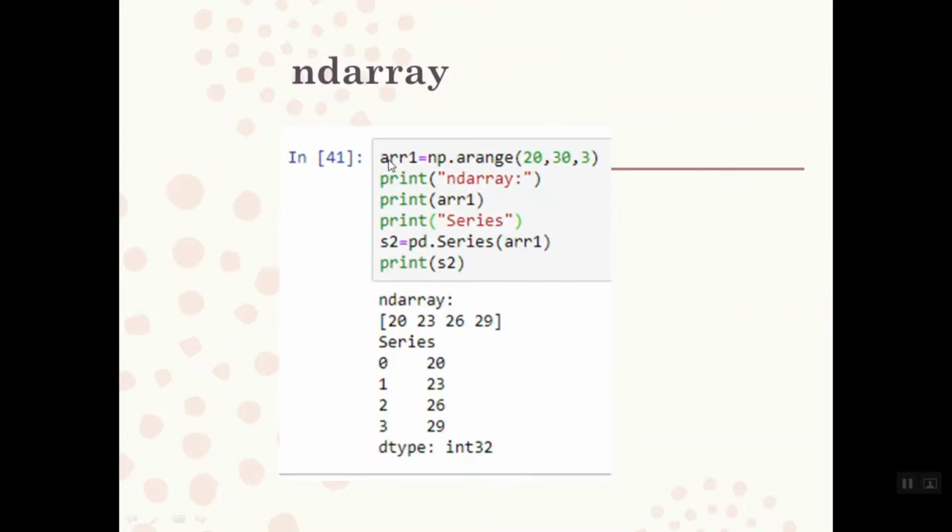First we have created the ndarray, and that ndarray is passed as an argument to the series, and it is converted to a series. You can see the values of the ndarray are 20, 23, 26 and 29, and when it is converted to a series we get the columnar values with the index ranging from 0 to 3 because we have 4 elements, and the data type for it is int32.